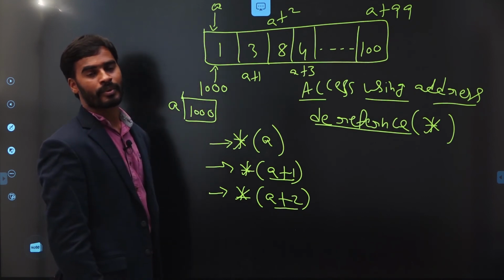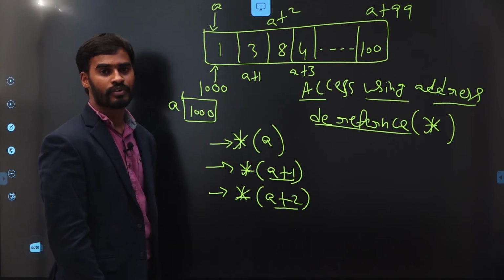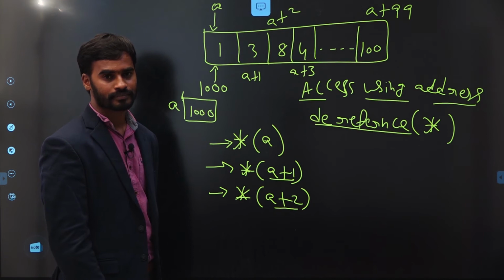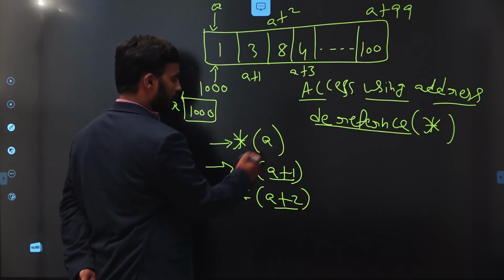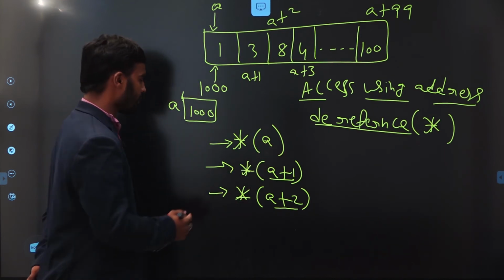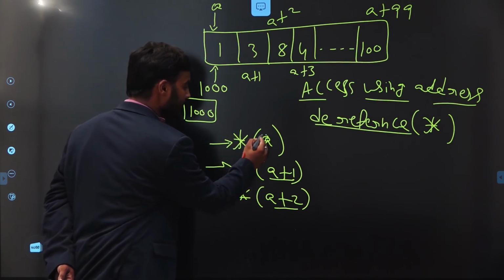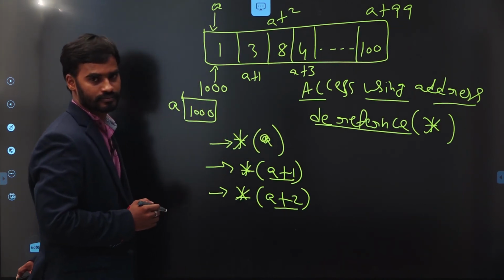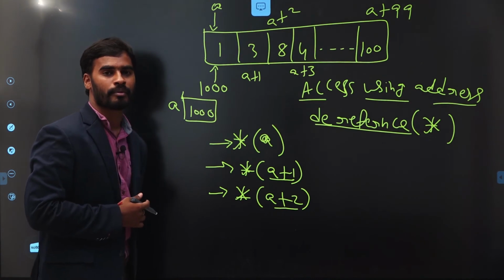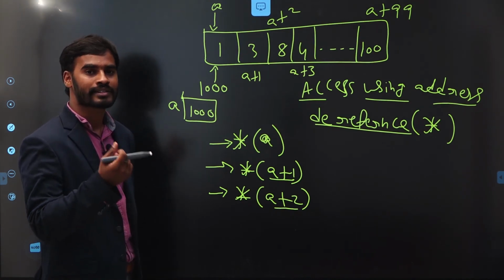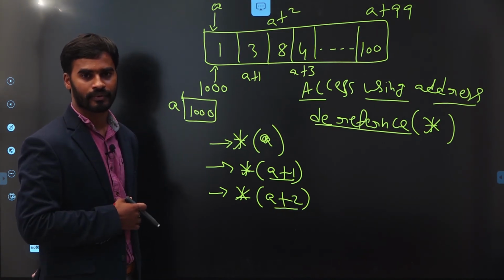This dereferencing operator is a unary operator which takes only one operand. Star A is nothing but you are dereferencing the memory location A. If you dereference the memory location A, then you can access the value in that location.